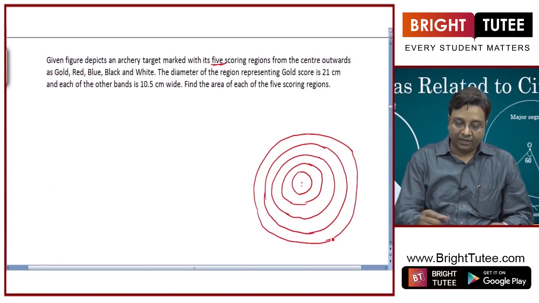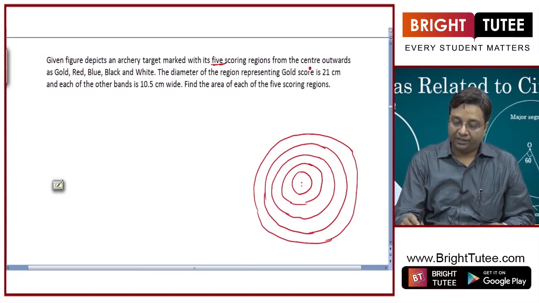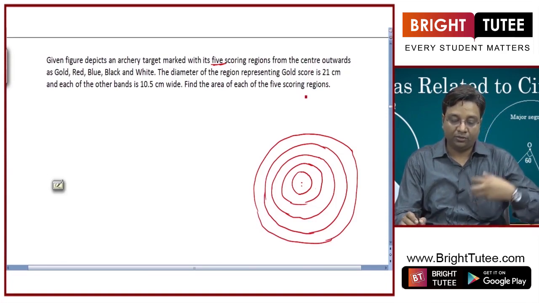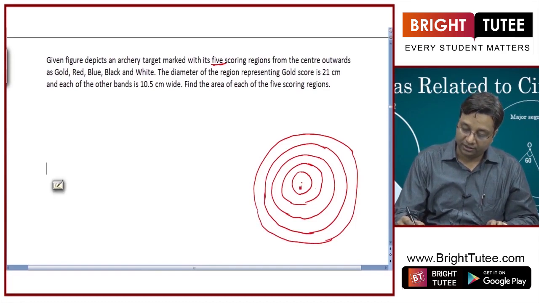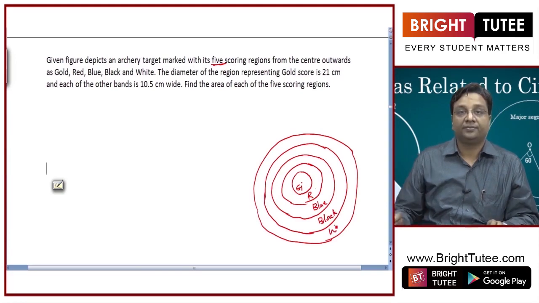Now going from center outwards, let us say this is gold, this will be red, this is blue, and this is black, this is white.